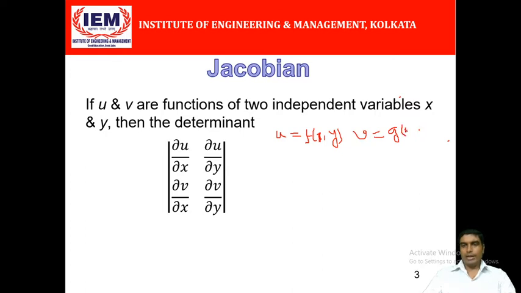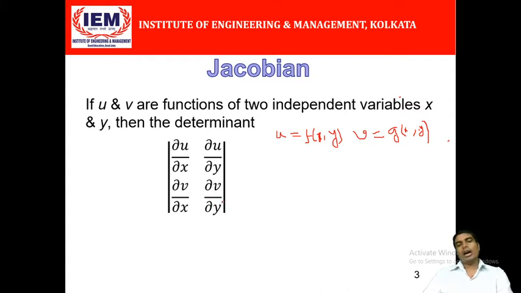I have to find the partial derivative of u with respect to x, then the partial derivative of u with respect to the other independent variable y, and in the next row the partial derivative of v with respect to x, and then v with respect to y.